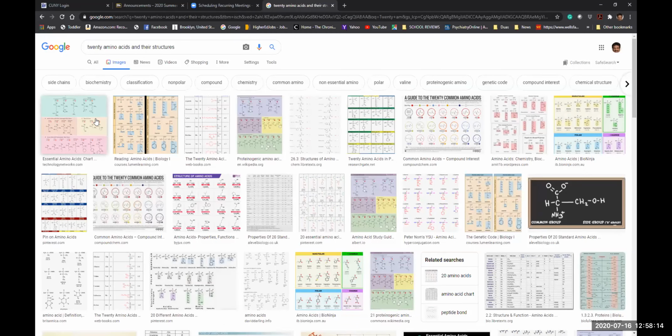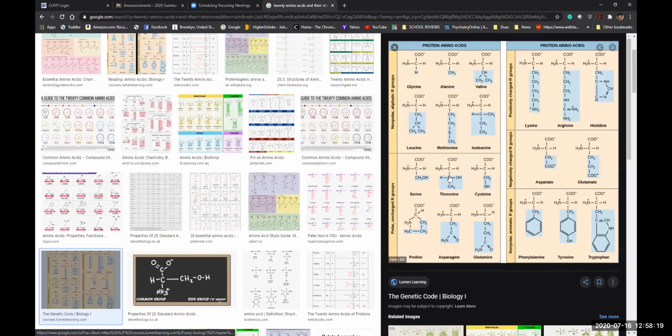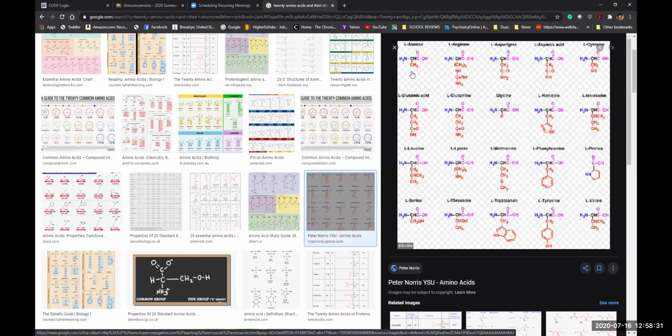There are various ways to write them, but let's look at one of these charts. You see here, they all have the same backbone. Here it is NH3 or NH2, it depends. So alanine has CH3 as its side chain. The red parts you see here are the side chains of the 20 amino acids, and the rest is the same.